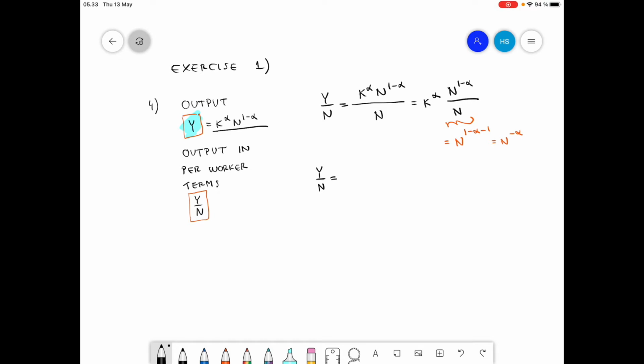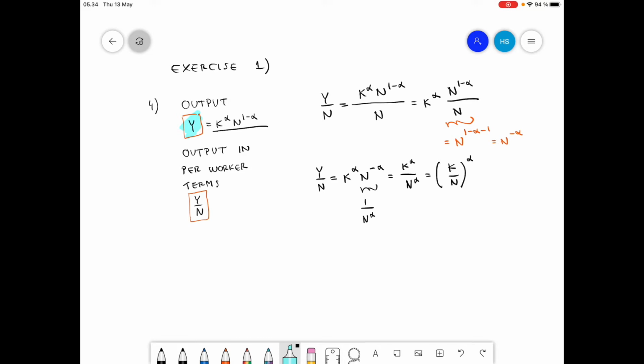So we have that output per worker is equal to K to the power of alpha times N to the power of minus alpha. This is the same as 1 over N to the power of alpha. So we have K to the power of alpha over N to the power of alpha. That is the same as K over N, everything raised to the power of alpha.